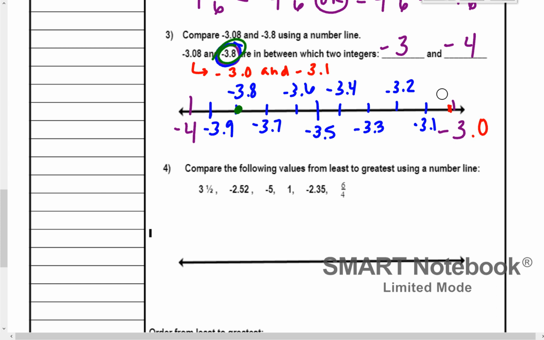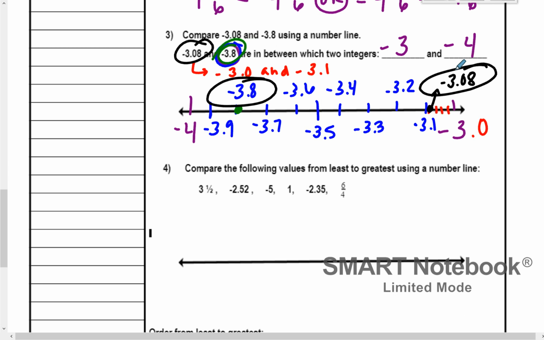Okay, so in between here, since it's a 3.08, I'm going to count by 0.2, which is 5 sections. So this first tick mark would be -3.02, -3.04, -3.06, -3.08 would be right here.